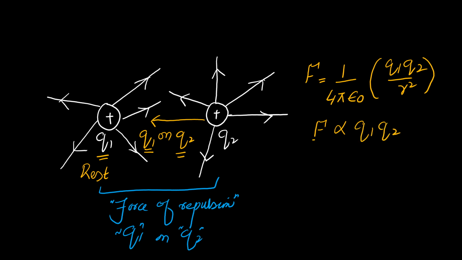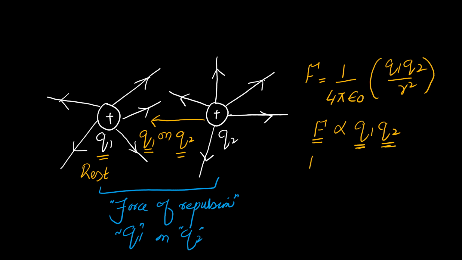So the strength of a field will depend on the amount of the charges. Magnitude of charges basically tells us about the strength of the electric field lines. So the stronger the electric field, the stronger will be the force exerted by Q1 on Q2.